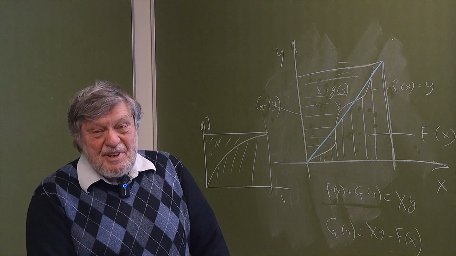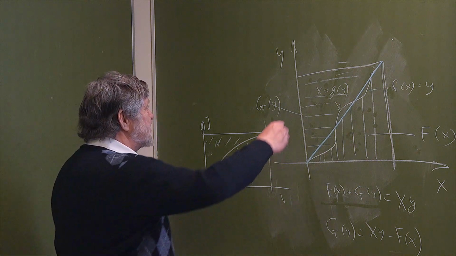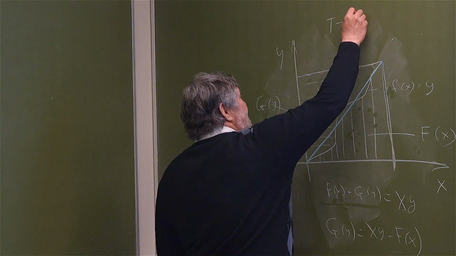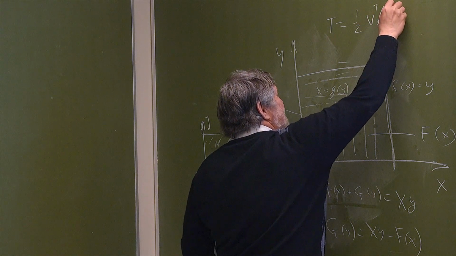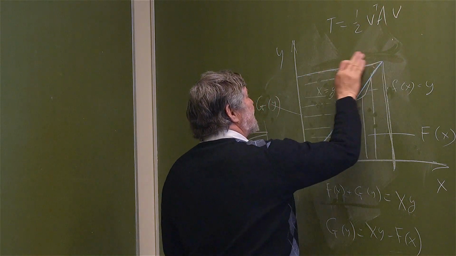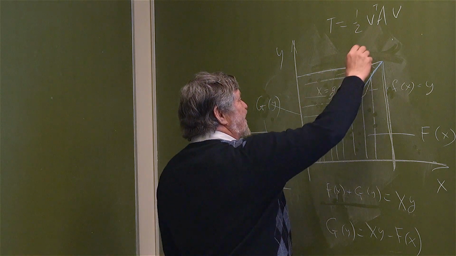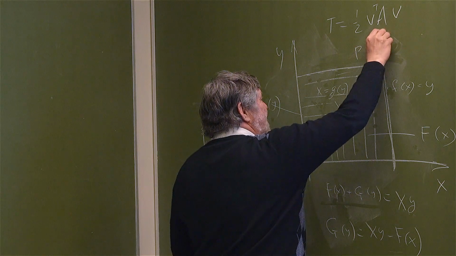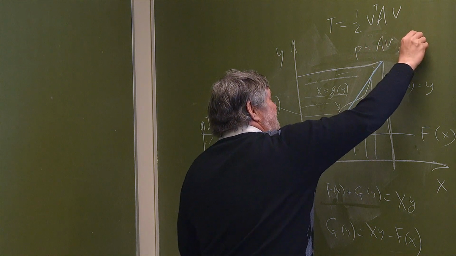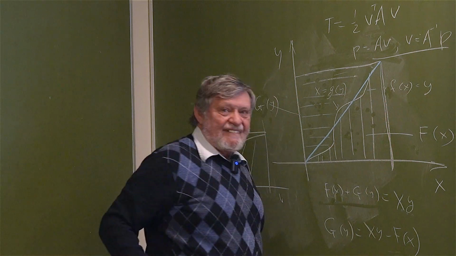It is basically because we have kinetic energy T, which is 1/2 of VA, supposed to be V. Because it is quadratic, P is AV and V is A minus 1 P, linear relations.